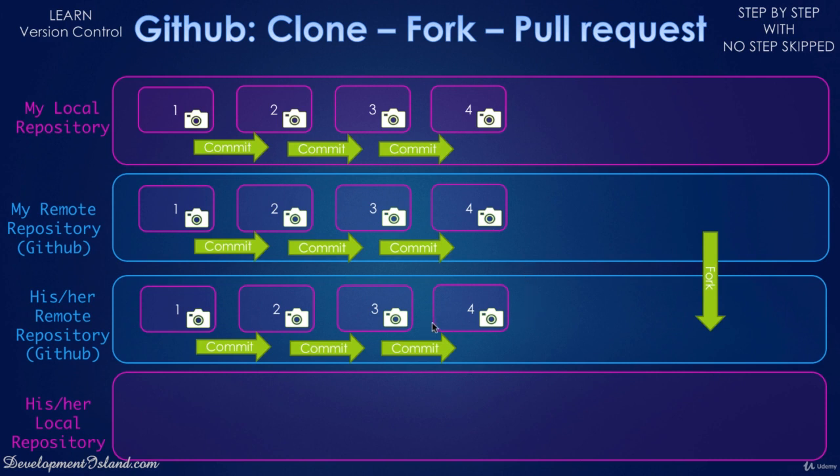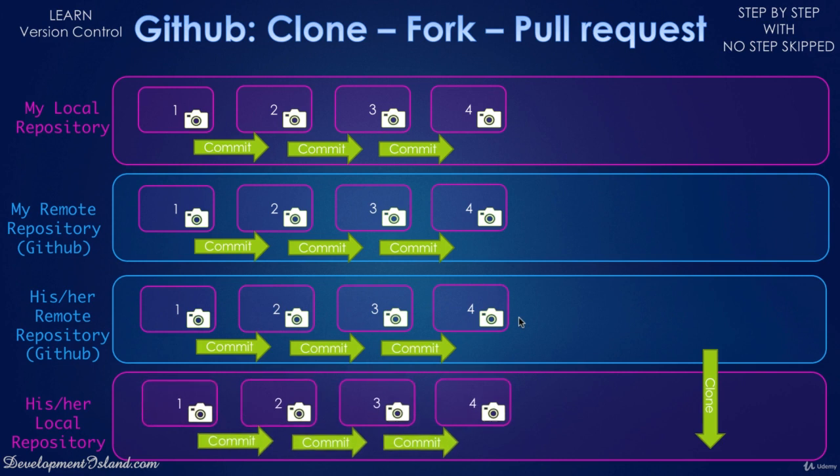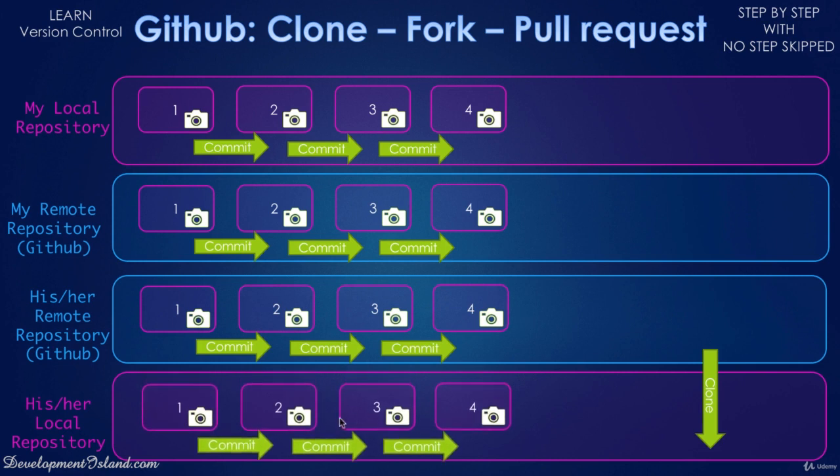And then after that, instead of making changes directly on GitHub, they chose to clone that GitHub repository into their own local environment. So this created a new repository, which is a copy of that one, on their local computer. So they used their favorite editor to make changes and commit them.